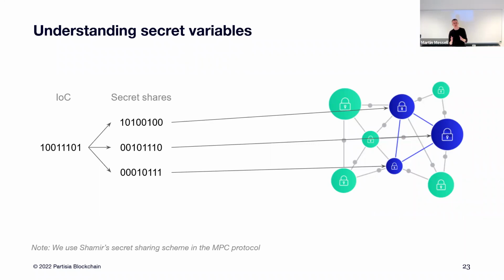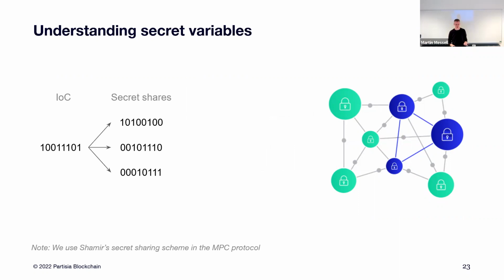So the IOC is input, compared using the underlying protocols, and then the results are exposed in the same way, but in the other order. Bit strings that individually tell nothing about the output are sent to the client, which will then reconstruct them, say with XOR, to get the actual result.